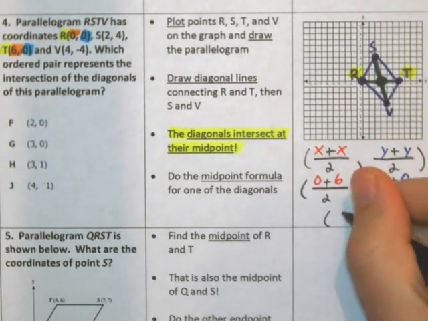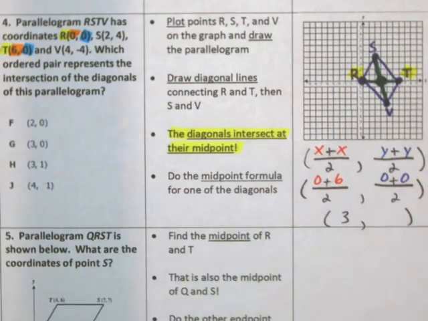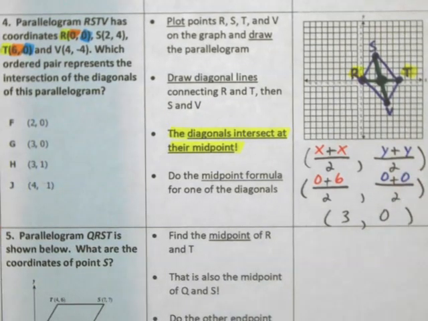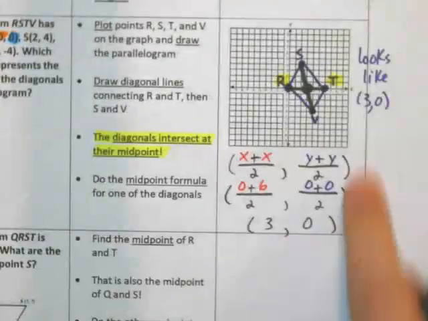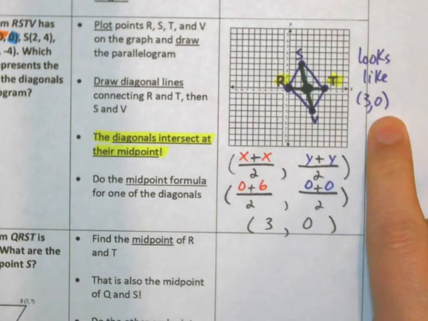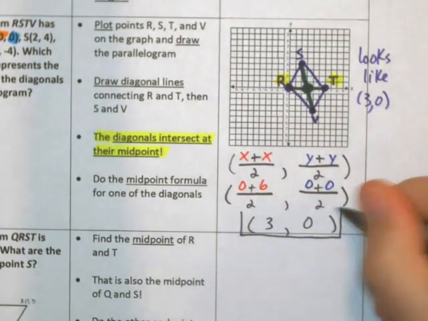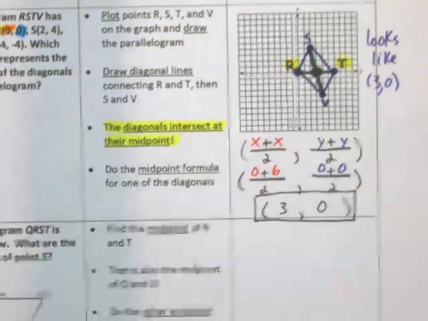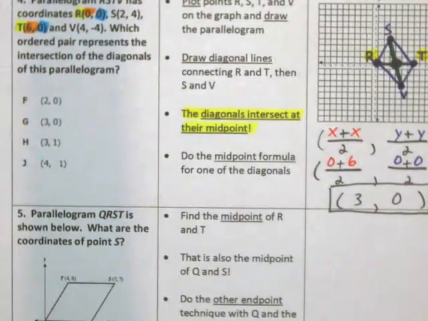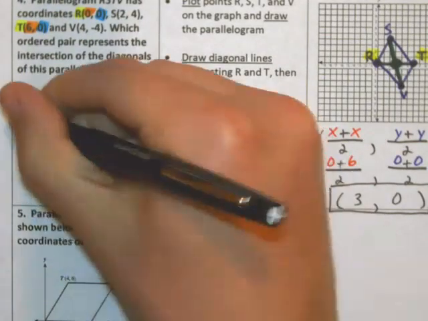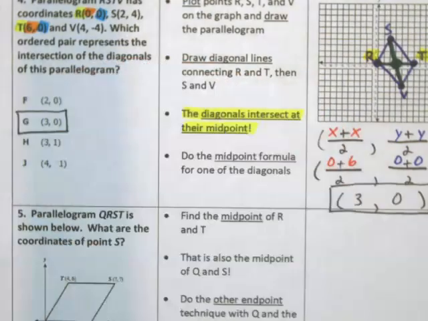We get 3 as the x coordinate and 0 as the y coordinate. Now that matches up with what we said the intersection looks like. So I'm going to box 3, 0, and then go over to the answer choices and select answer G.